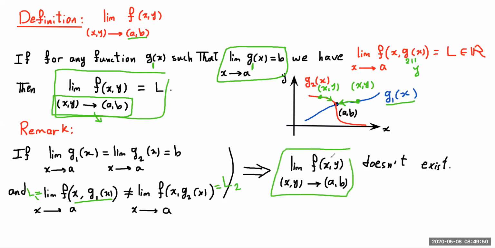This limit doesn't exist because the limit in the direction of the graph g1 is different from the limit in the direction of the graph g2.